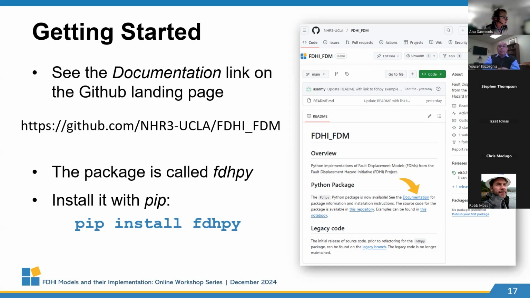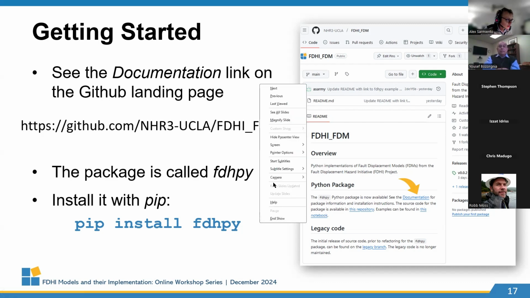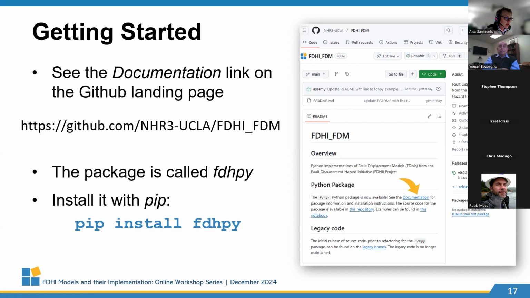What's the legacy code? What are you referring to there? Oh yeah, thanks. Let me get my pointer. The first release of the code just had simple Python scripts that you would download and run locally as individual scripts. Still in Python, yeah.